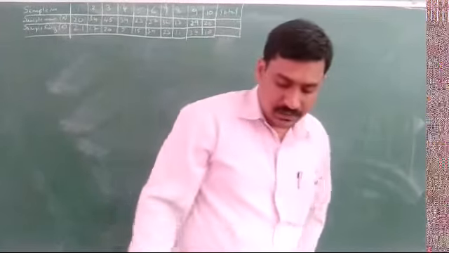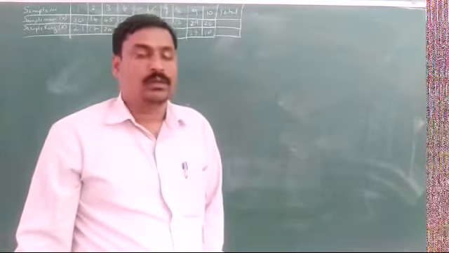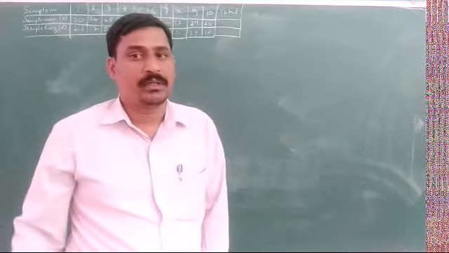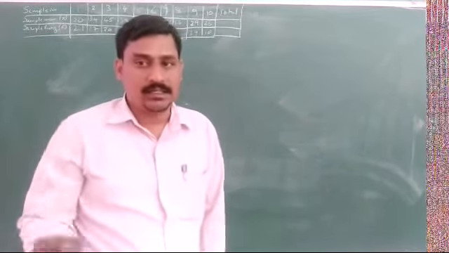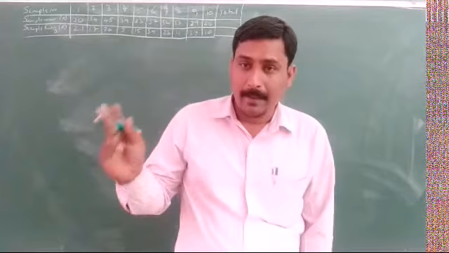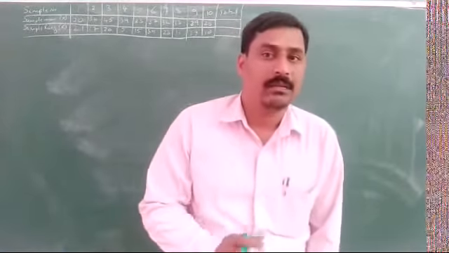So first we should know the sample size and the number of samples. The sample size n is 4, and the sample number, total 10 times you have taken the samples, so the sample number K is 10.